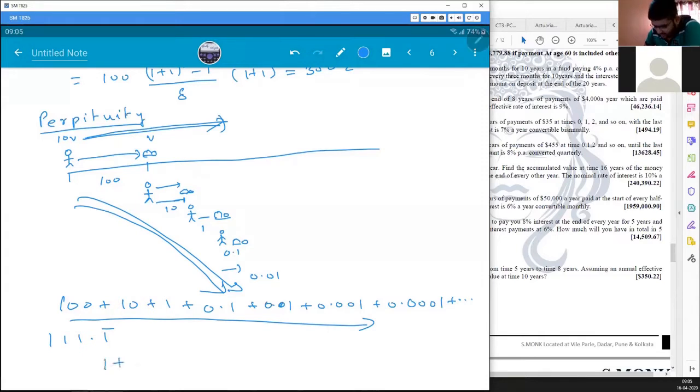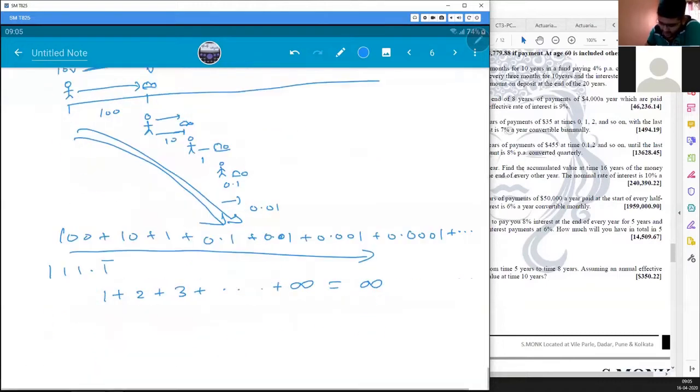If you add 1 plus 2 plus 3 till infinity, you will get an infinite answer. Even if you add 1 plus 1 plus 1 till infinity, you will get an infinite answer. So these are called divergent series. They are going towards infinity. They are giving larger and larger numbers.